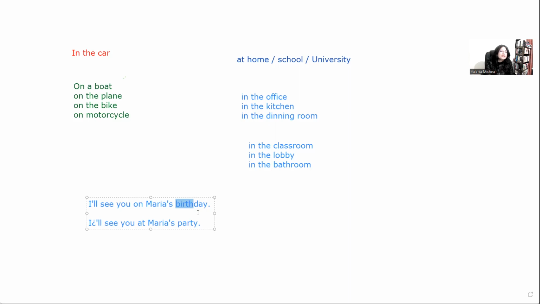For example, if we know that my sister is pregnant, she's having the baby next week, so I'll see you on her birthday because she's going to be born. If it's a birthday party, then we use the word party and we wouldn't use the word birthday because it wouldn't make sense. It's confusing.